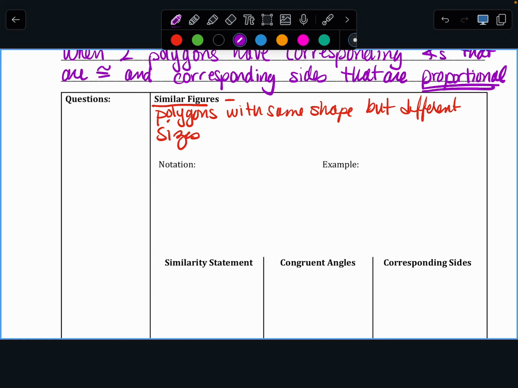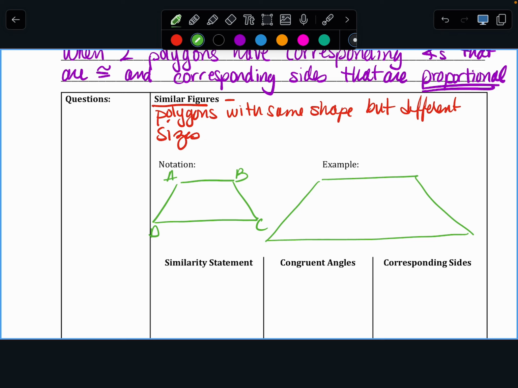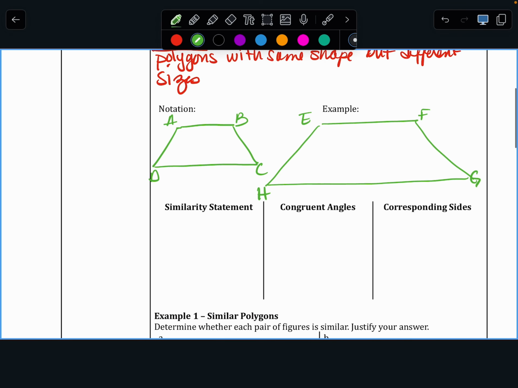So let's look at this first polygon. Okay, so the first thing I want you to notice is, what shape are those things that I drew? They have a name. Are they squares?